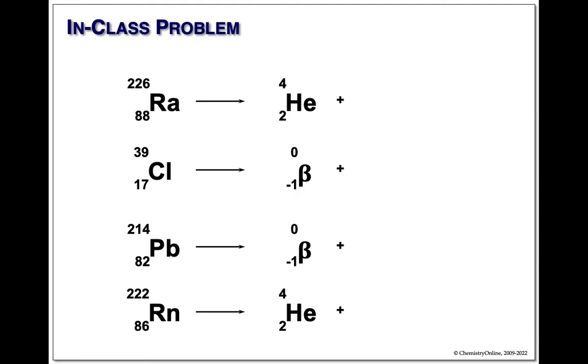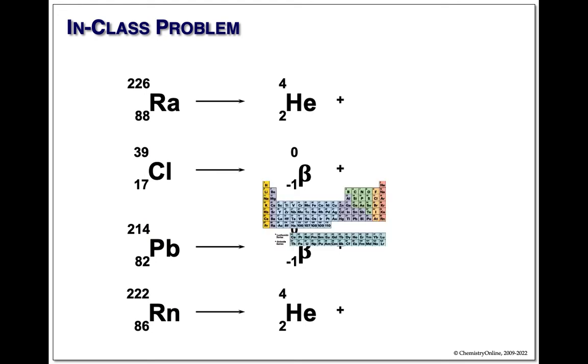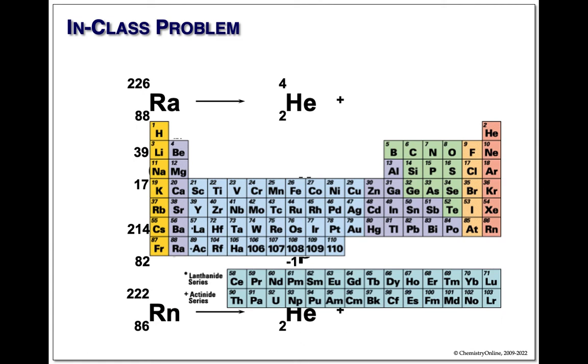Here we have radium-226. We're going to lose an alpha particle. That means the atomic number is now going to be 86. If we look around to find 86, there it is. It's radon.